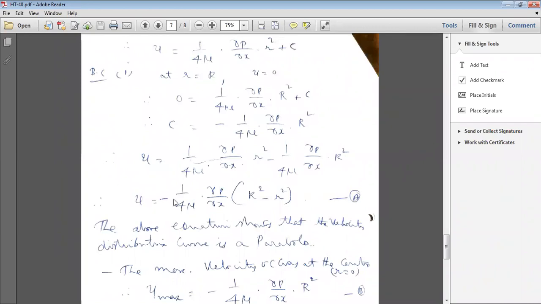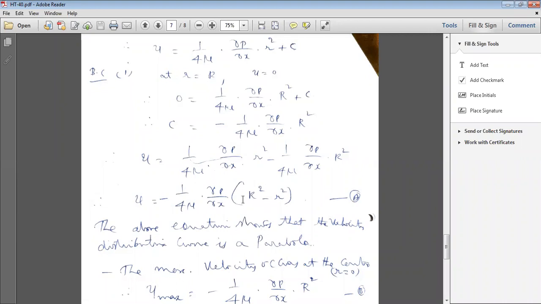Now we have to arrive at the relationship between u and u max. For that, divide equation A by equation B. This is equation A, the velocity distribution u. Equation B, the u max value. So that will be u by u max.